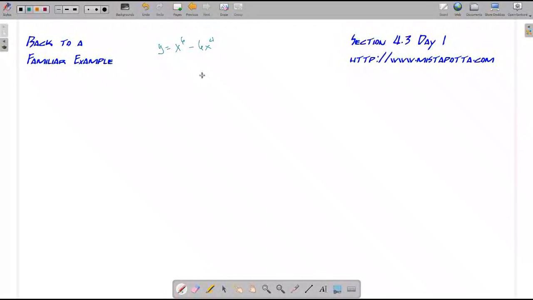And we noticed that this graph had an absolute maximum at negative 3, 243, and at positive 3, 243. These were our absolute maximums.